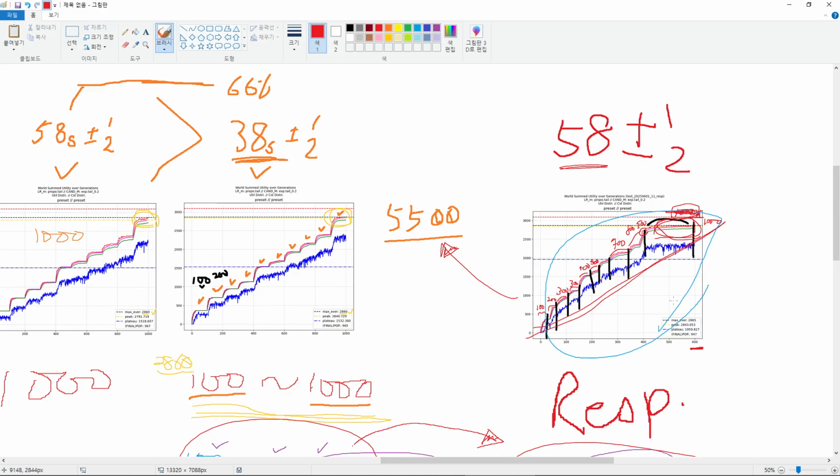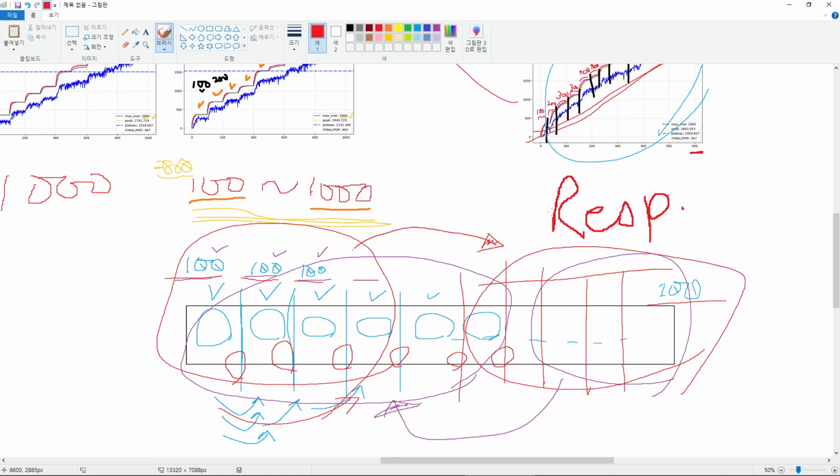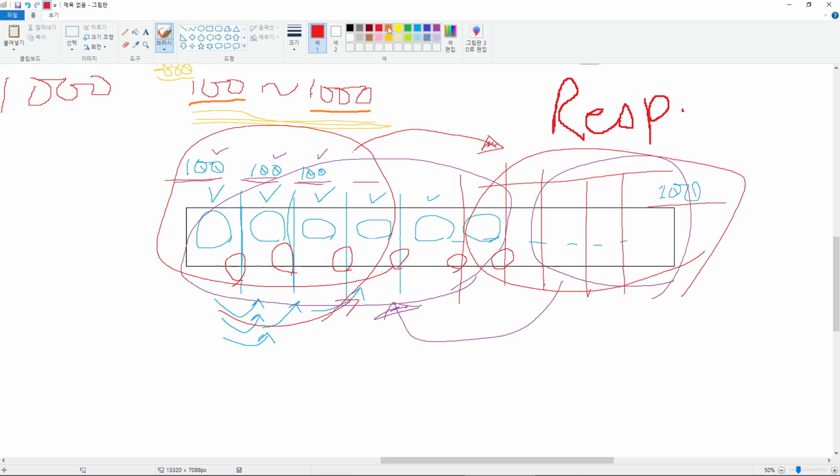Or as opposed to this, if the era changes in a relatively premature fashion, the knowledge here doesn't accumulate.